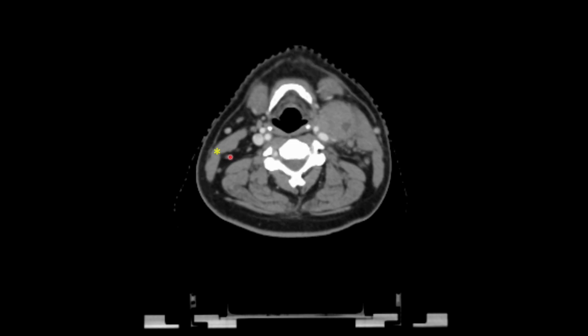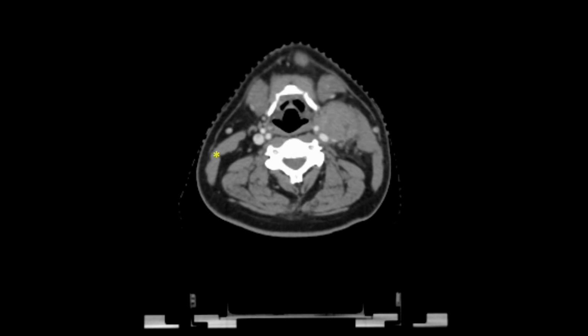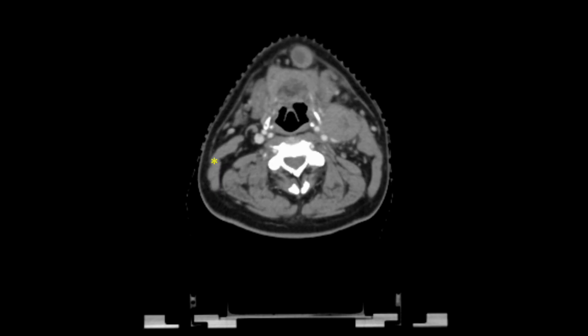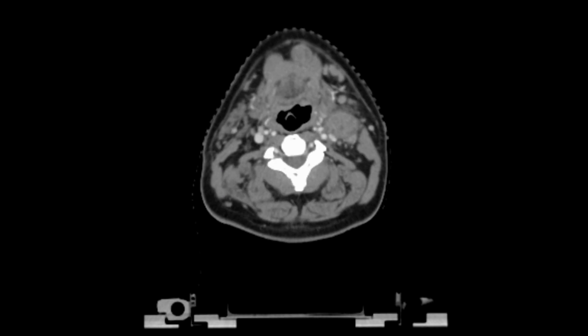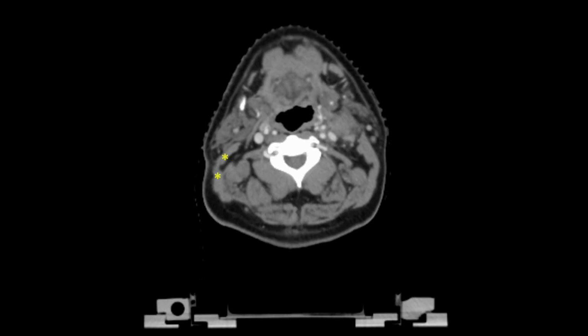So you can see these nodes that are deep to the muscle. This patient has a very heavy nodal burden, so it's easy to identify where the nodes usually are. They are deep to the muscles. I'm continuing to scroll cranially.